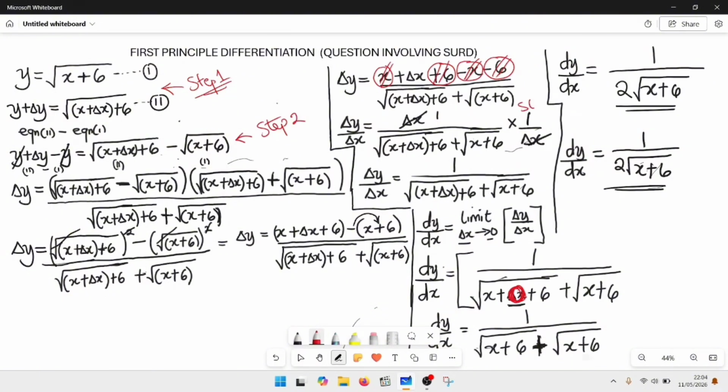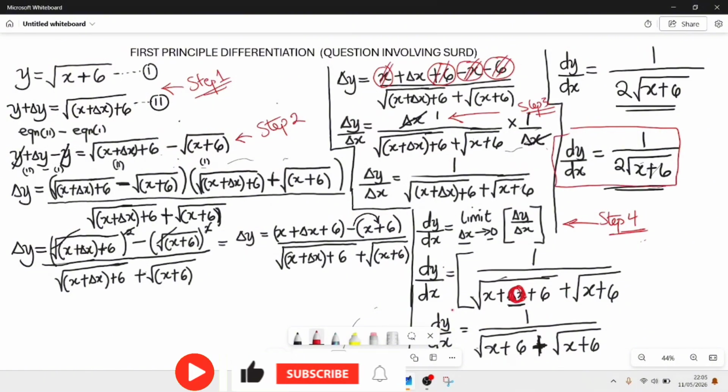This guy becomes our step 3: divide both sides by dx, right? And this guy becomes our step 4: applying our limits and then following the limit equation, we're going to have here our answer. This guy becomes our final answer, right? So I hope you understand what we just did.